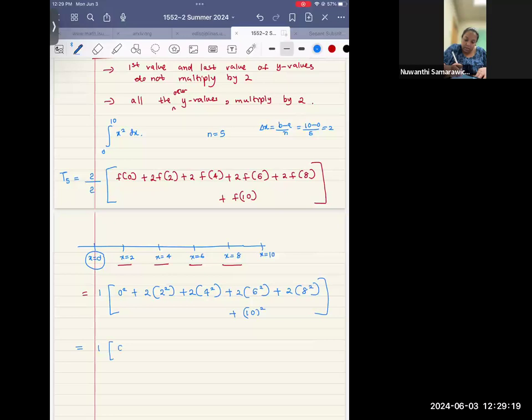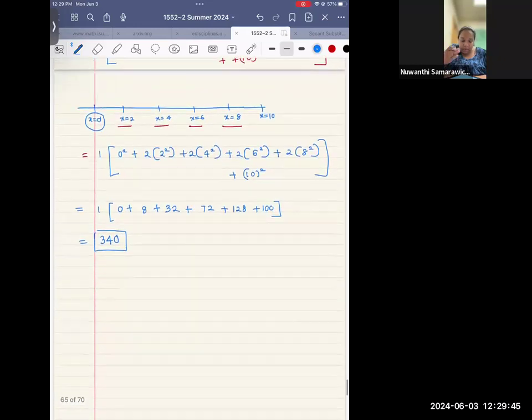So 1 times: 0, 2 squared is 4, 4 multiplied by 2 is 8. 4 squared is 16, 16 times 2 is 32. Then 72, 128, 100. So we get 340. Okay, so if we use the trapezoidal rule, we get 340.